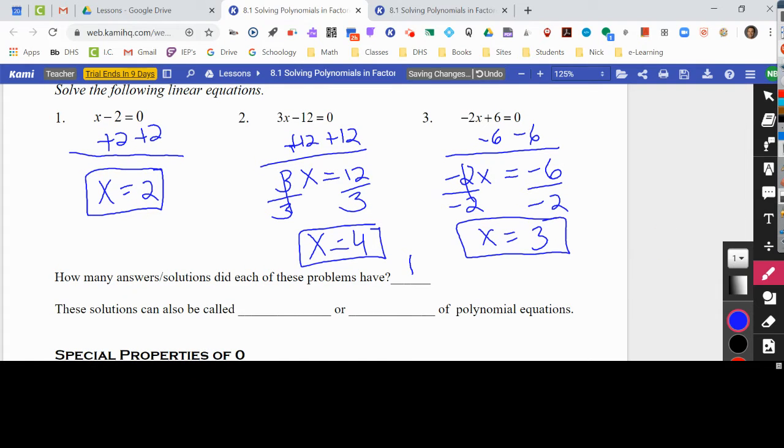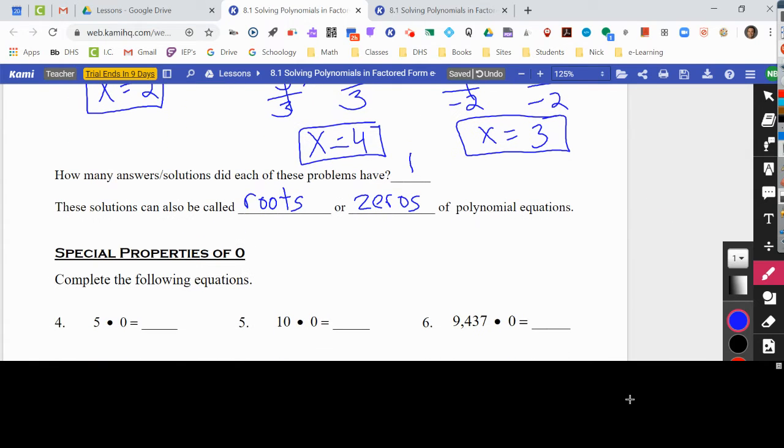These solutions can also be called your roots or zeros of polynomial equations. Remember, a polynomial is a number, a letter, or a combination of numbers and letters. So solutions are also called these roots or these zeros. We're talking about polynomial equations.